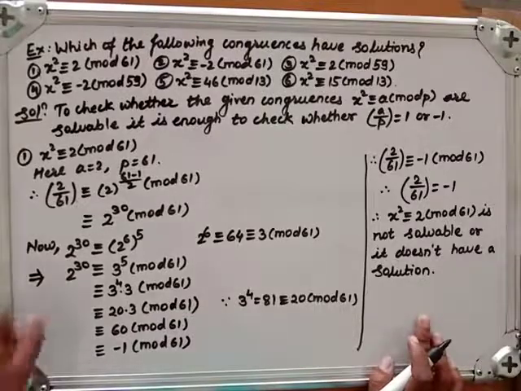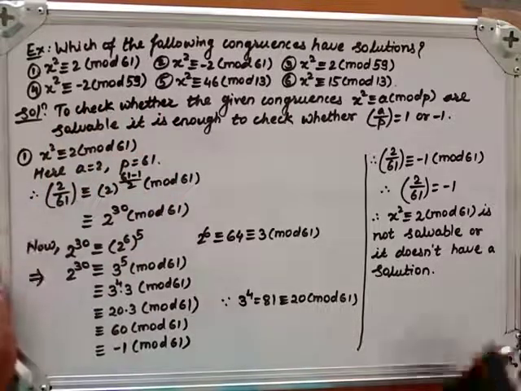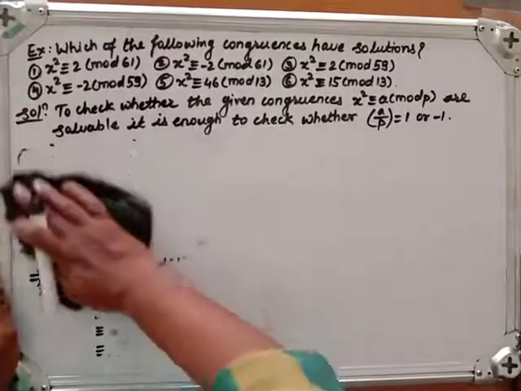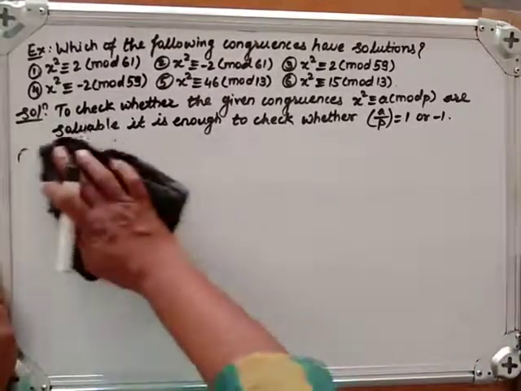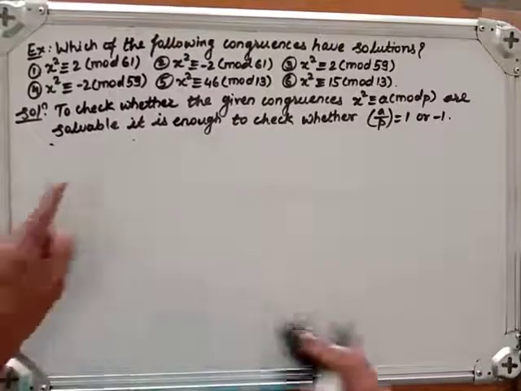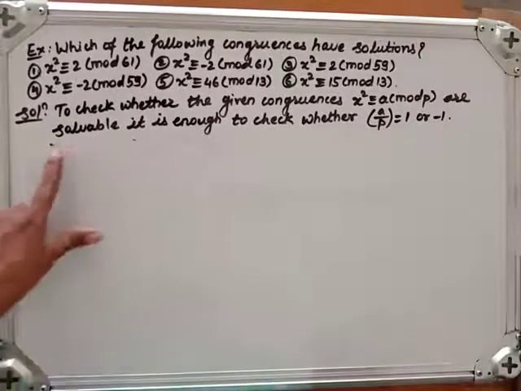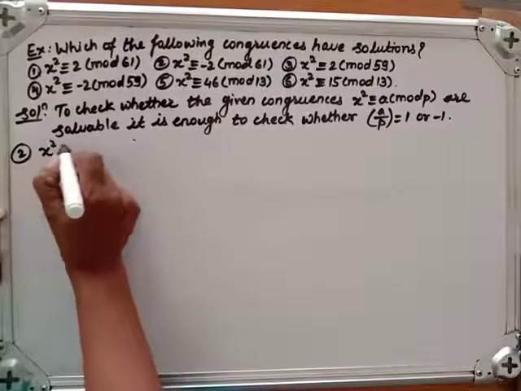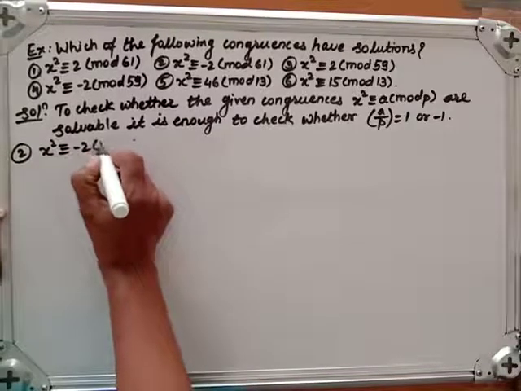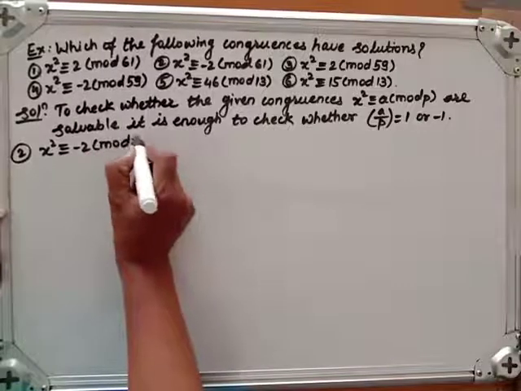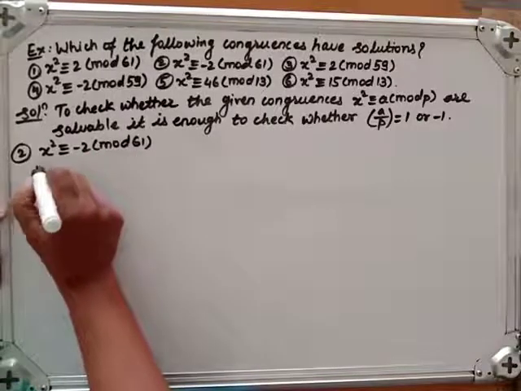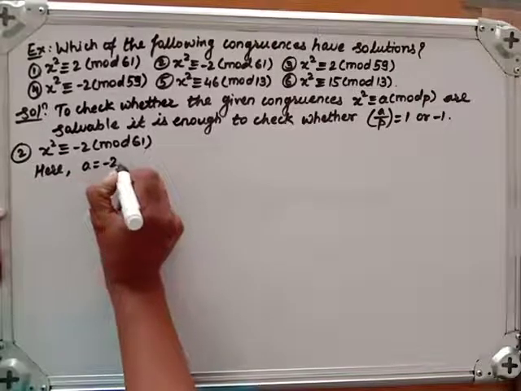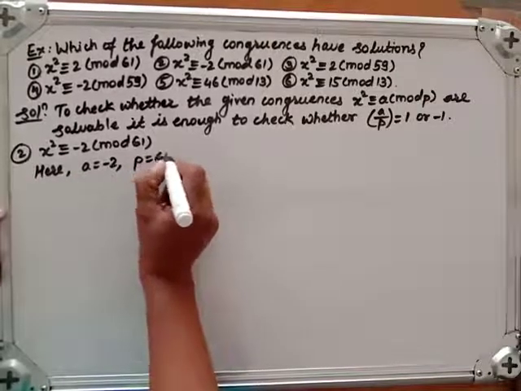Similarly, let's solve the others. So let me take the second one. Now let me solve the second. What is that? x squared congruent to -2 modulo 61. So here again a is -2 and p is 61.